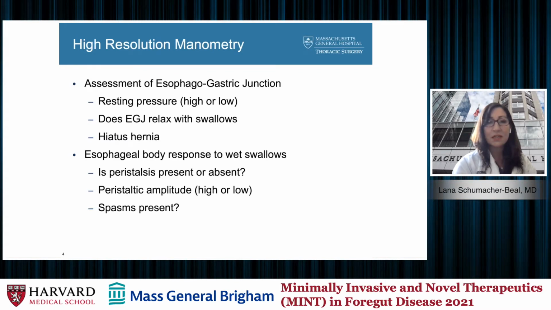Does the esophagogastric junction relax with swallows? Is there a hiatal hernia? So all valuable information that we're gaining from the high resolution manometry. And then we can also assess the esophageal body response to wet swallows. So is there peristalsis? What's the amplitude, and are there spasms?